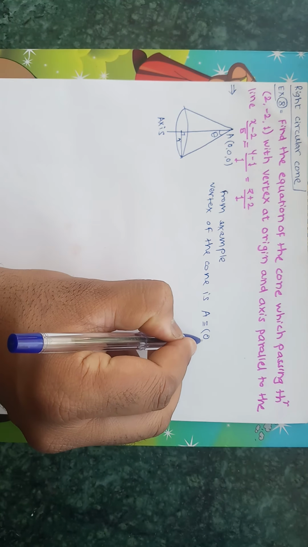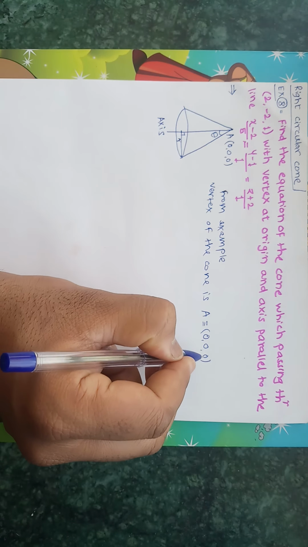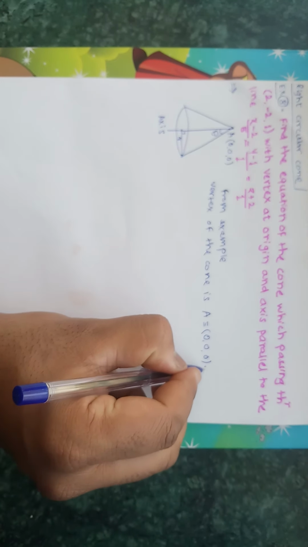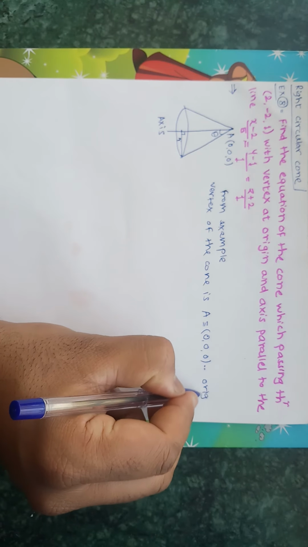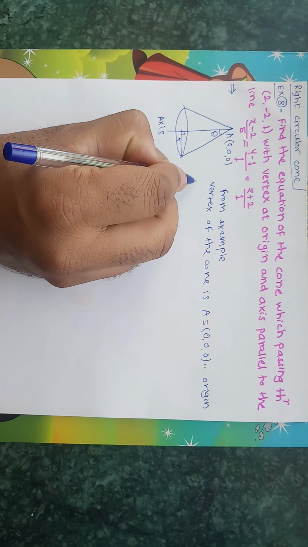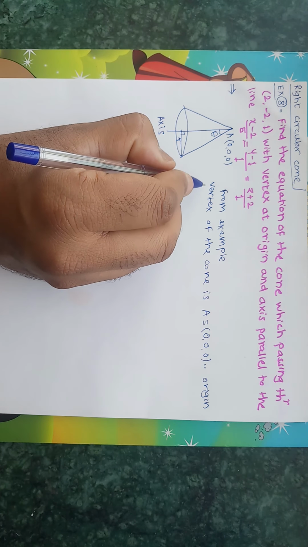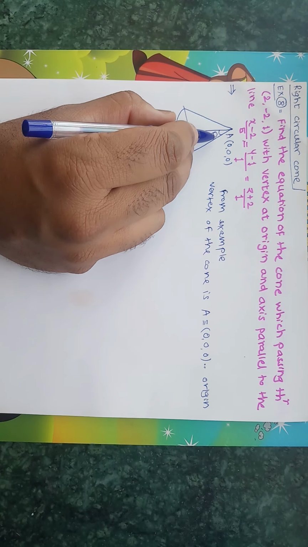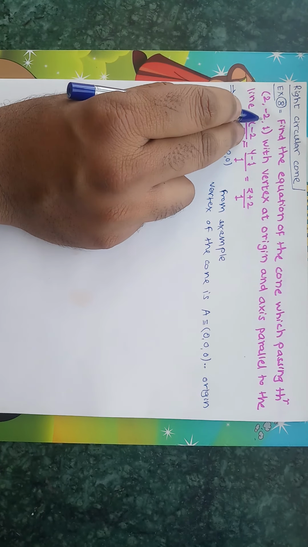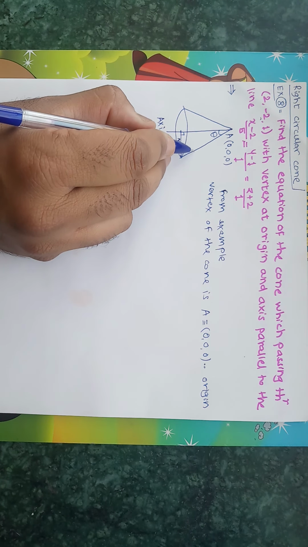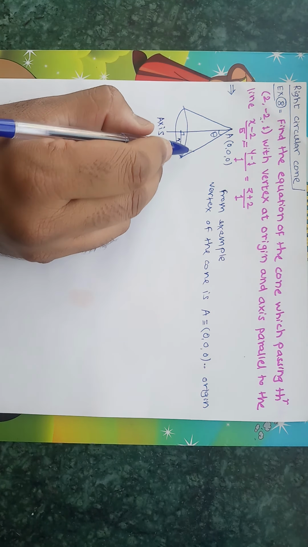Actually it is denoted by O, but generally we denote it by A. So A represents (0, 0, 0). The semi-vertical angle theta is not given here. So one extra condition is given: the cone passes through this point, that means this point will be on a generator line. I will mention it later.